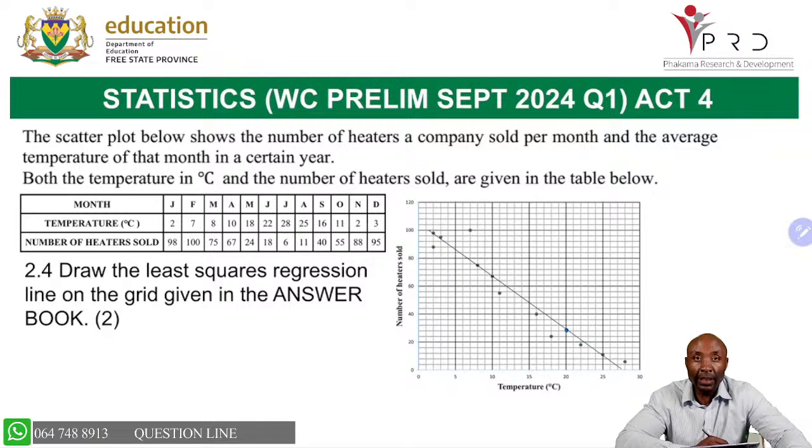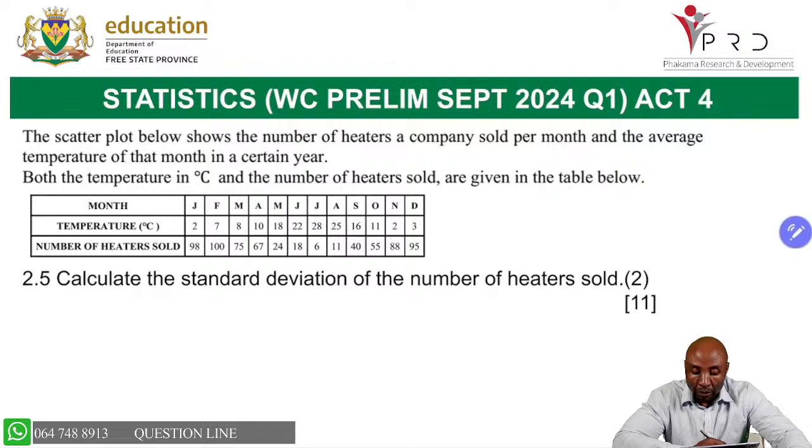The moment you extend it, you lose marks. We move on now to calculate the standard deviation of the number of heaters sold. This you get from your calculator, and we get it as 34.13. We are looking at the standard deviation for our Y values.